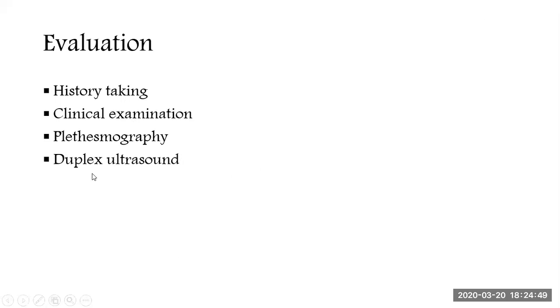It had been supplanted by the duplex ultrasound. This duplex ultrasound gives an idea about the patency and integrity of the deep system, together with its competency, and competency of the saphenofemoral junction, saphenopopliteal junction, and presence or absence of incompetent perforators, and where exactly they are located.